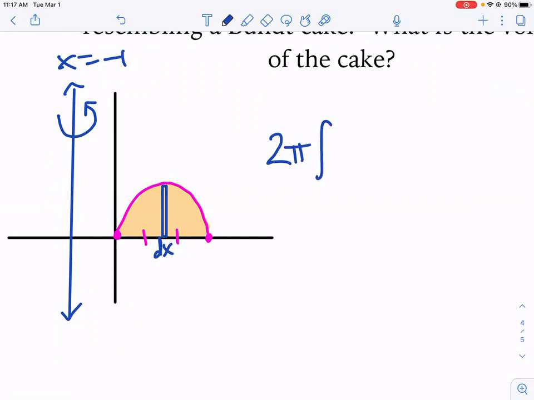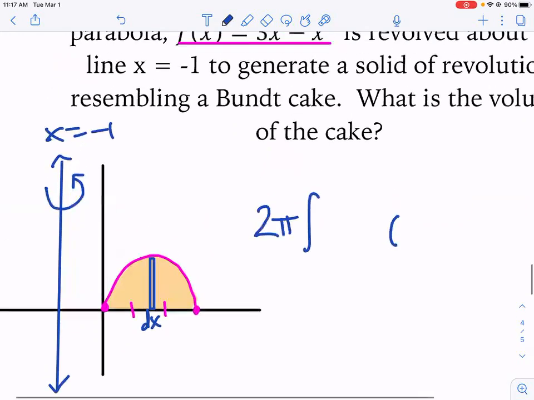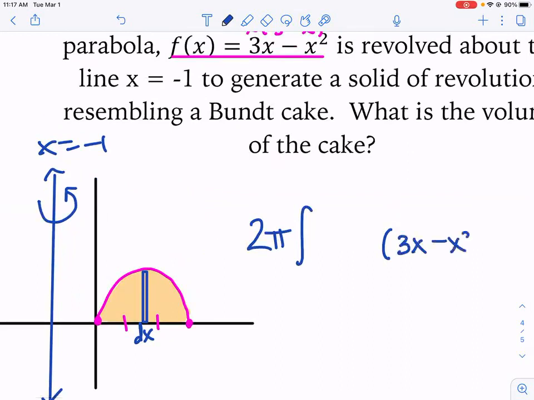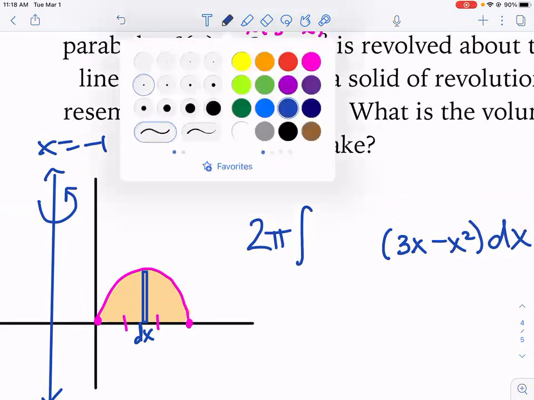Now, our height of the bundt cake is 3x minus x squared. Our thickness is dx, but our radius is what changes.